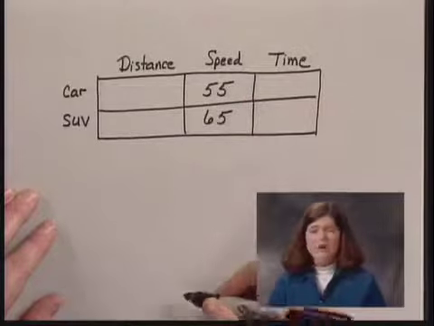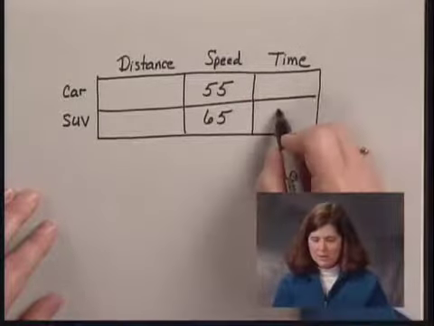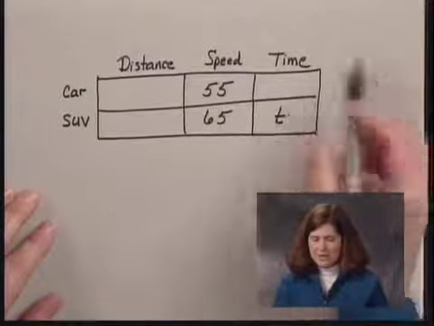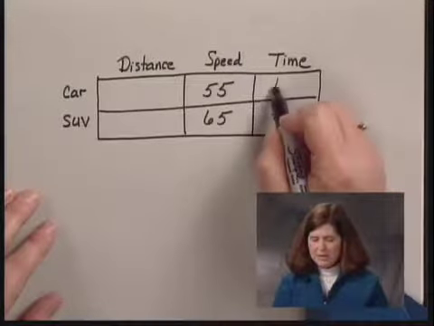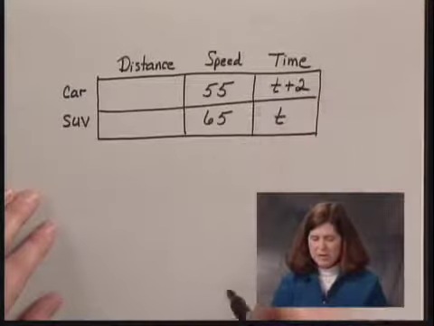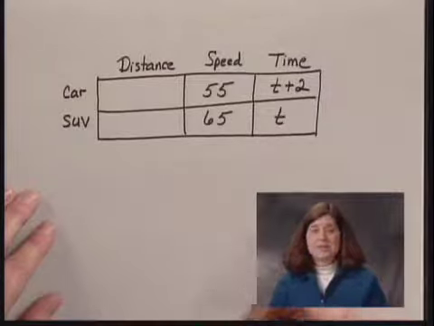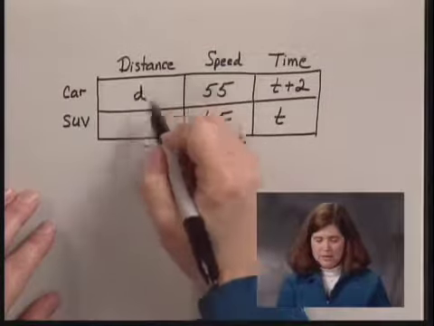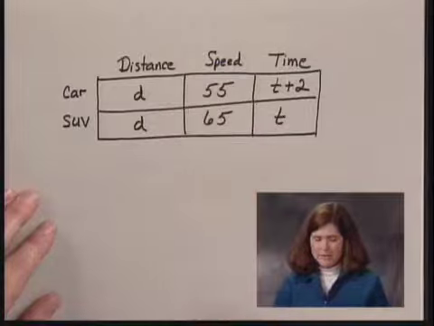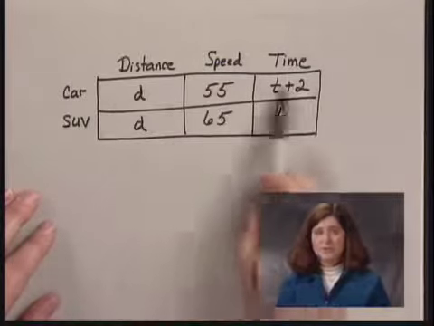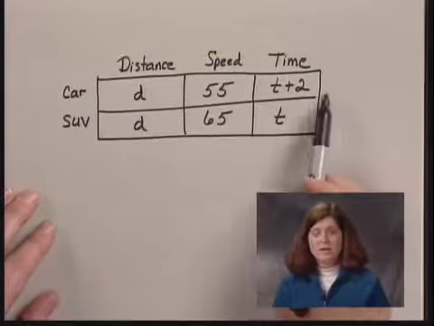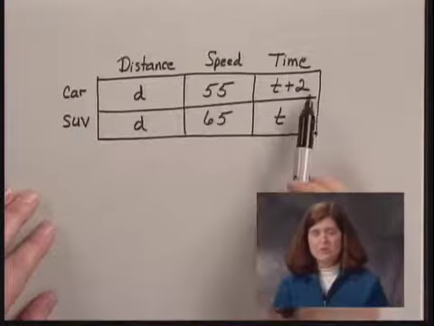We know that the time of the SUV, we said we're going to let that be t, and the car's time we were going to let be t plus 2. The distances are the same. We'll call them both d. Now from this first row of the table we can get an equation since distance equals the speed times the time.